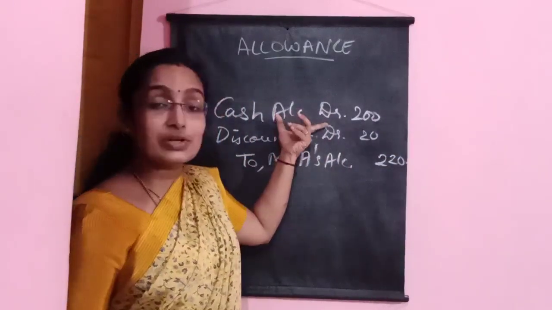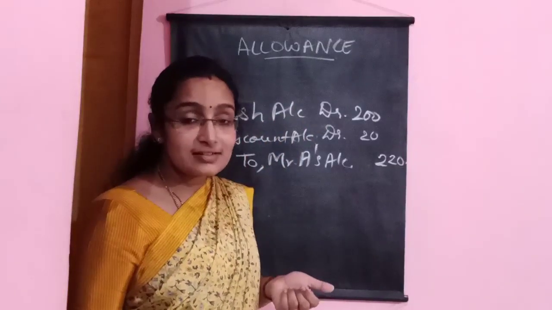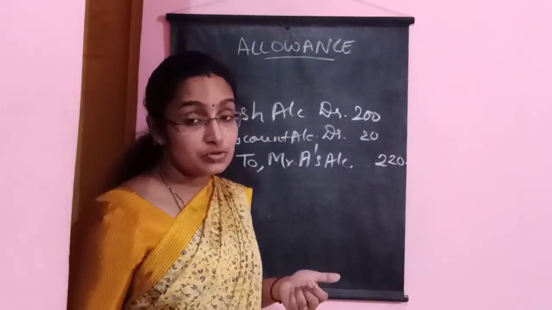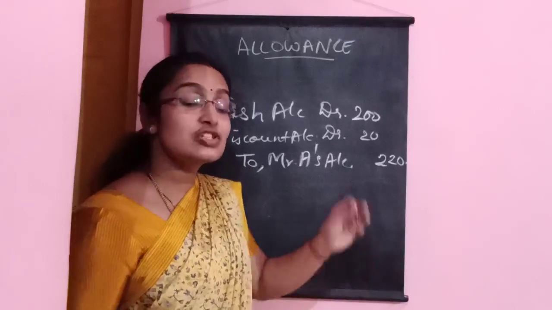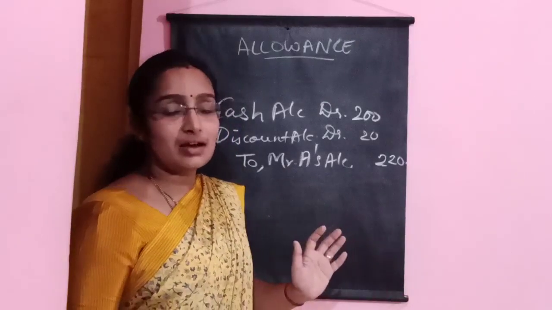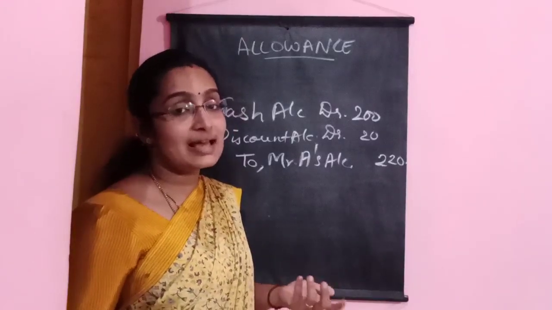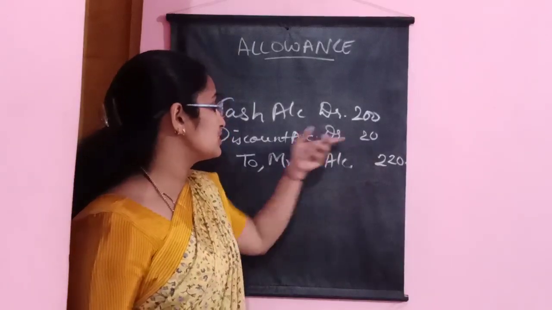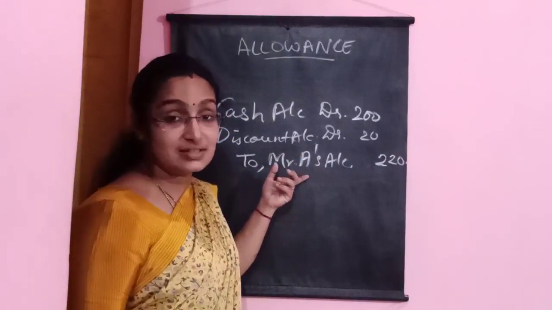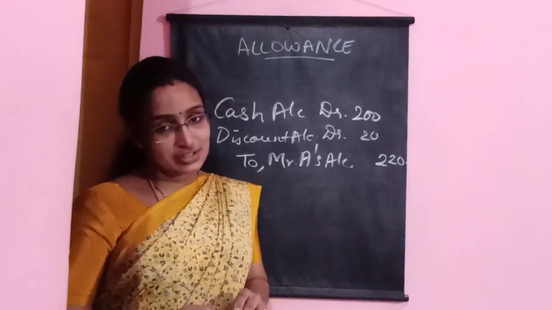The cash of rupees 200 is received by us. Rupees 20 is not received by us, as 220 was the due amount payable to us by Mr. A. He has only paid 200. So this 20 rupees is allowed to Mr. A by us as discount or as allowance. And so Mr. A's account, who was our debtor, has been credited now and his balance is written off.